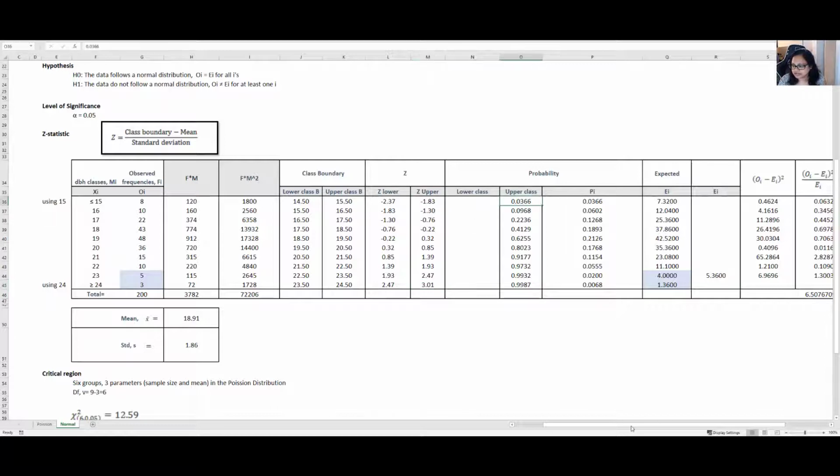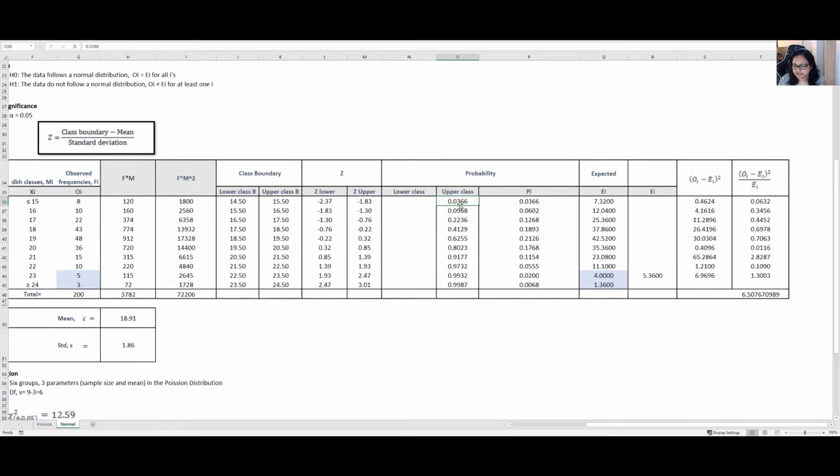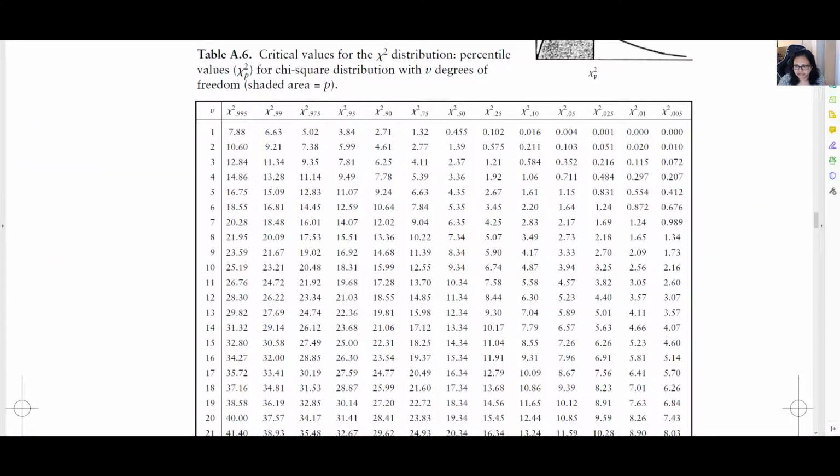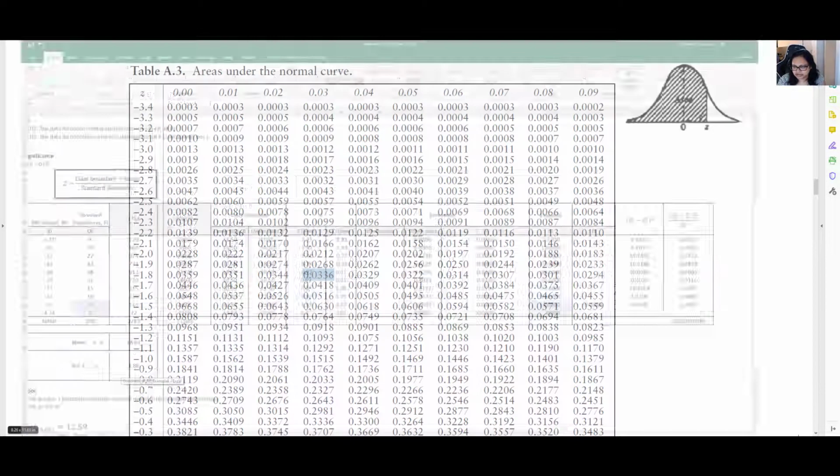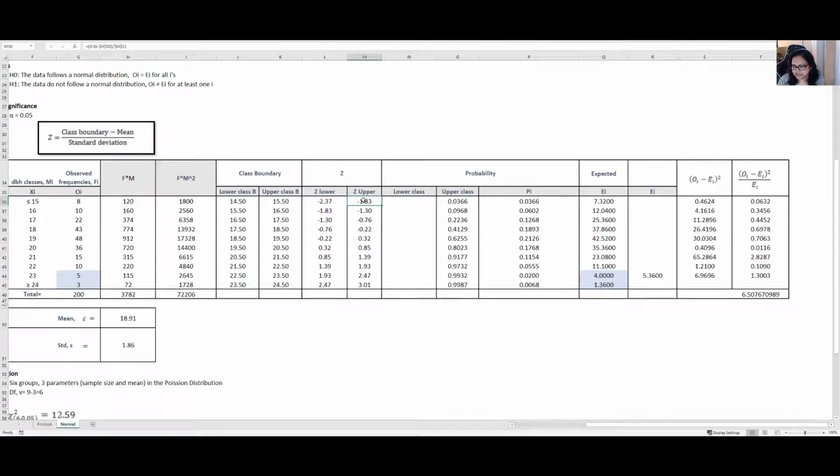After getting the Z values, I went back to the Z table. You can see negative 1.83; if you go to the Z table, negative 1.83 would be 0.0336. So I used the Z table to find the probability for each of those values.